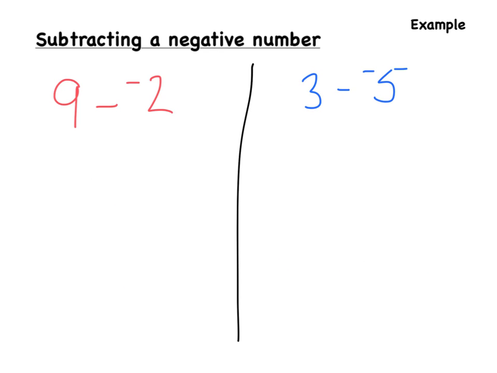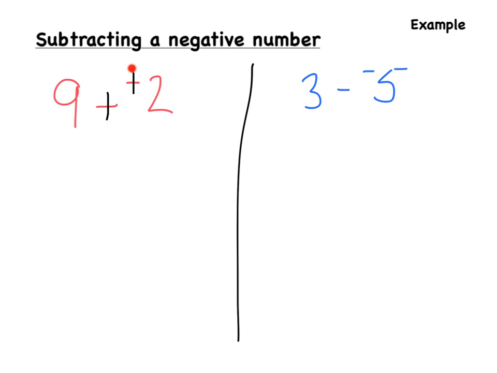Now we're going to subtract with a negative number. It's the same exact thing as with a positive number, except we are still going to add the opposite. So we're going to change the second number, which is negative, to a positive.